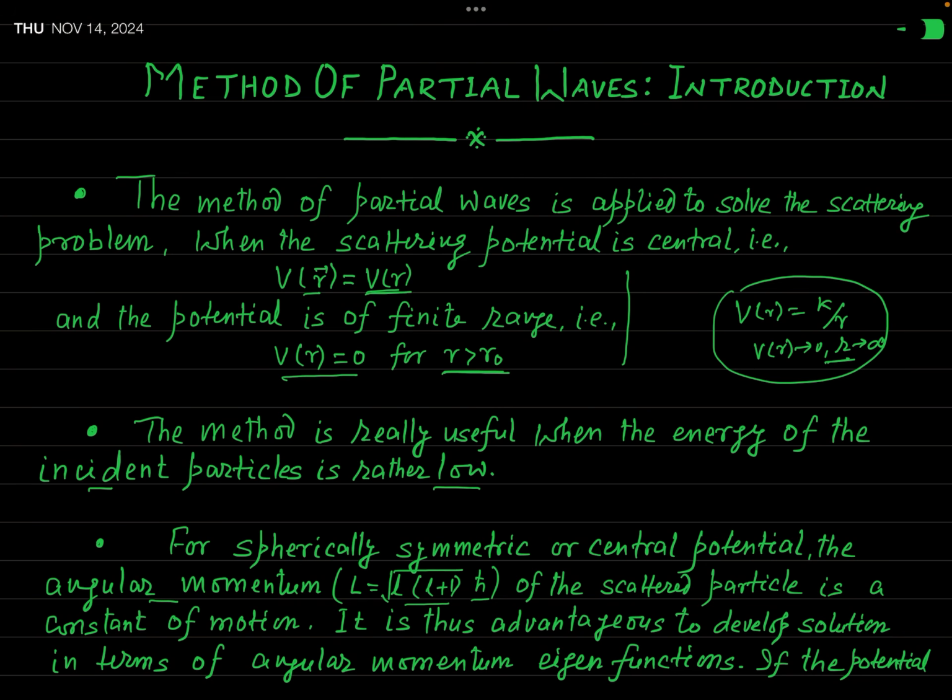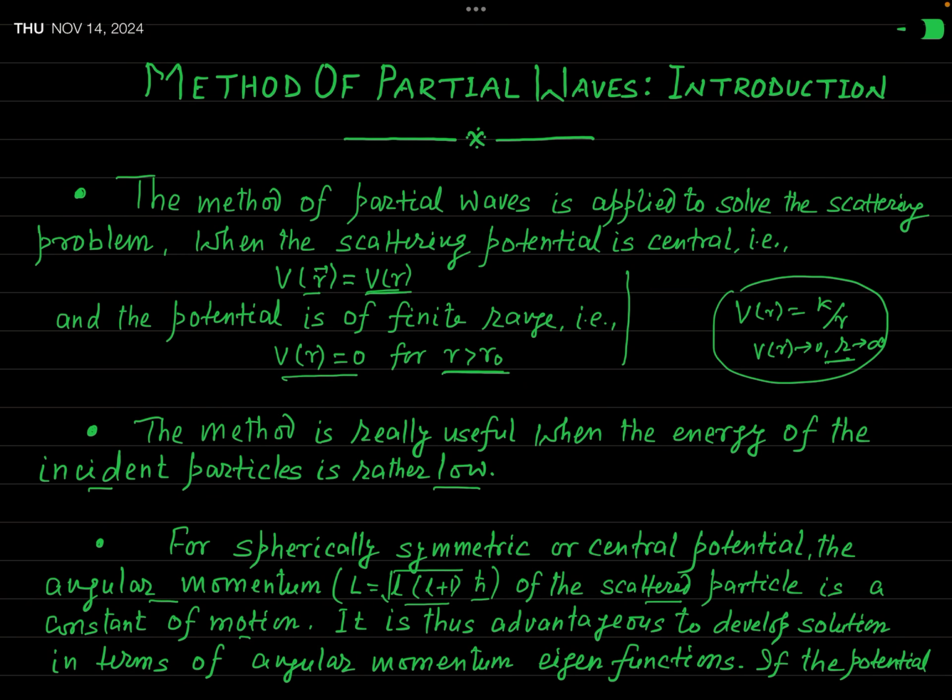So the angular momentum of the scattered particle will be a constant of motion. This is a very important property of the central force field, and I hope you have an idea of this.